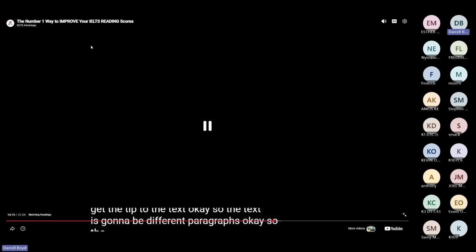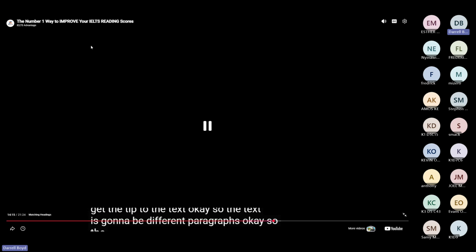And the key thing is create your own heading. So if you had to create a heading for this paragraph, remember, without looking at these, what would your heading be? That is going to force you to look at it in enough detail and really think about the general meaning. So what you're going to do is create a heading.